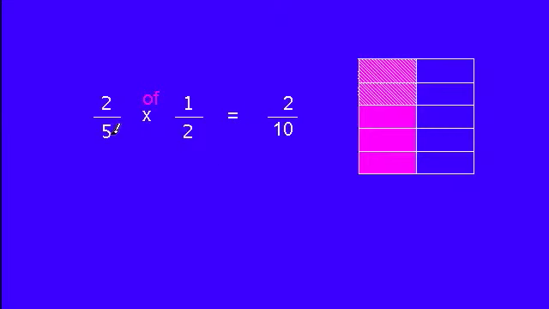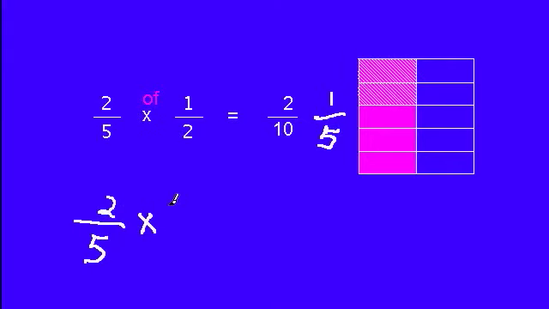Here we are taking 2/5 of 1/2. So we have the 1/2 divided into fifths. We get 2 pieces out of 10, which can also be reduced to 1/5, dividing top and bottom by 2. Okay, but you can also reduce the fraction at this stage.